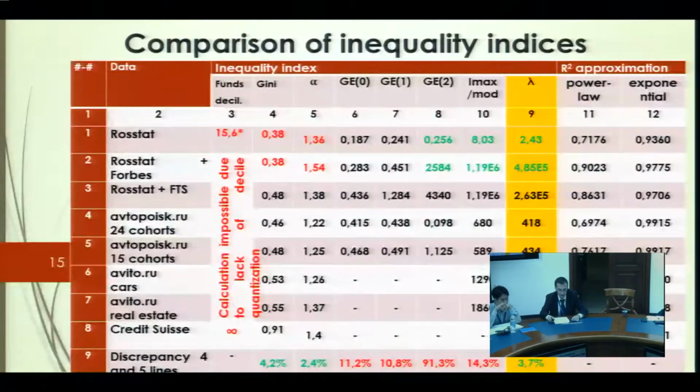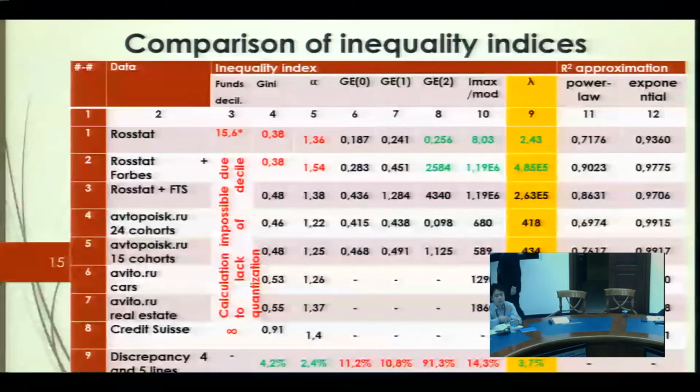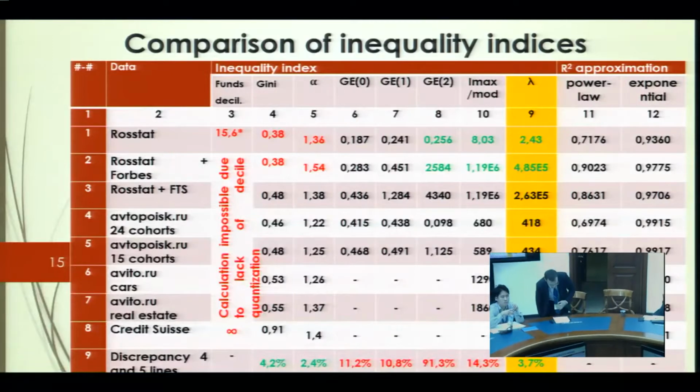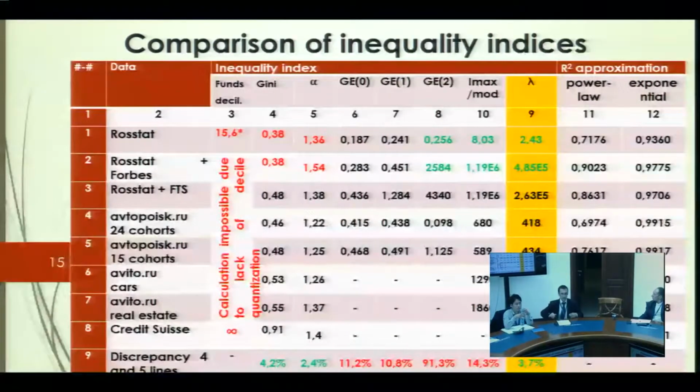Comparison of inequality indices. The coefficient of funds cannot be calculated for arbitrary quantization. The Gini index is not capable of distinguishing what is different. This value is the same. Also the Pareto index: there is no difference between 96,000 rubles per month and 40 billion rubles per month.